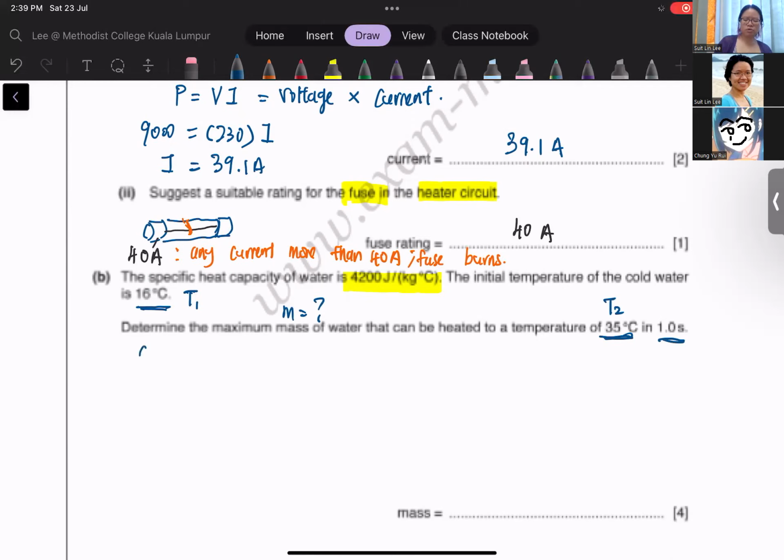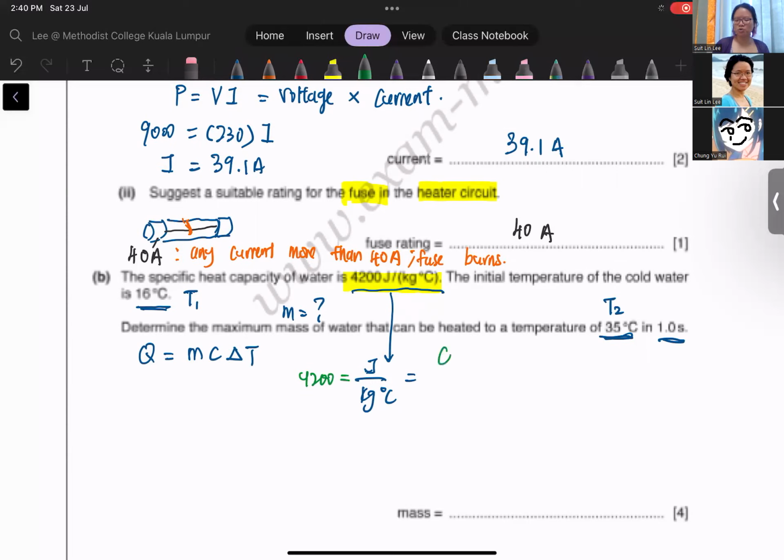Okay, so I know the equation. Q is equal to mc delta T. You can also look at this one. You see, joule per kg per degree Celsius. This is your specific heat capacity, right?